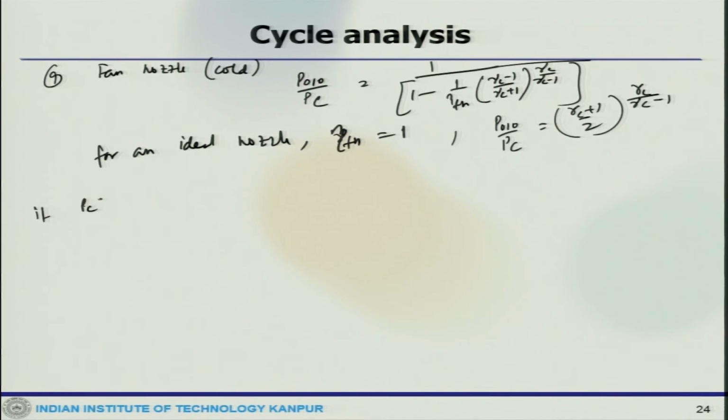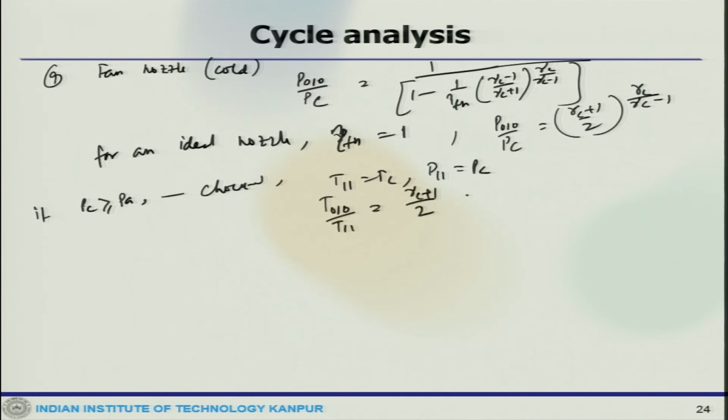If Pc is greater than Pa, it is a choked nozzle. So T11 would be Tc, P11 would be Pc. So T naught 10 by T11 would be (gamma_c + 1)/2, and the exit velocity would be the square root of gamma_c R T11.